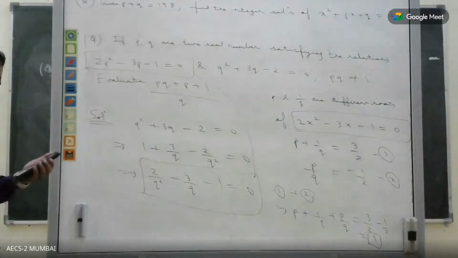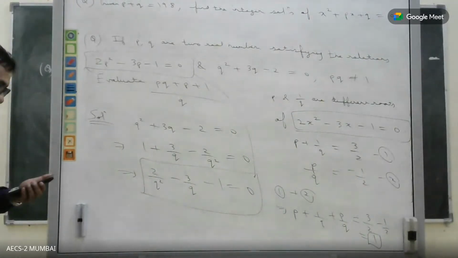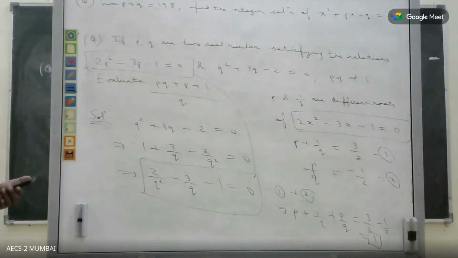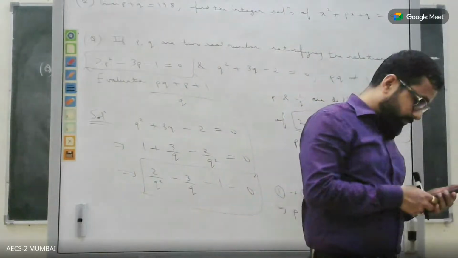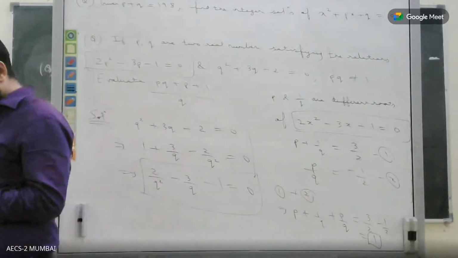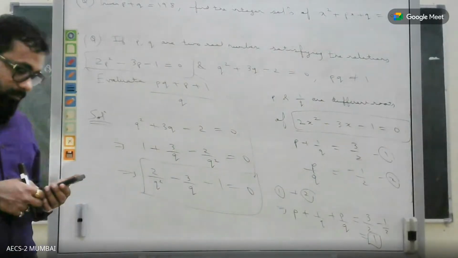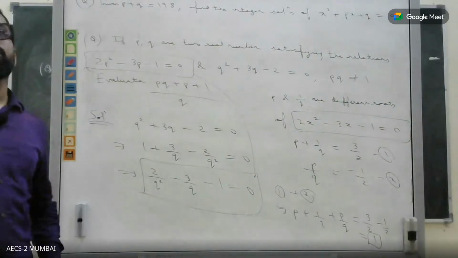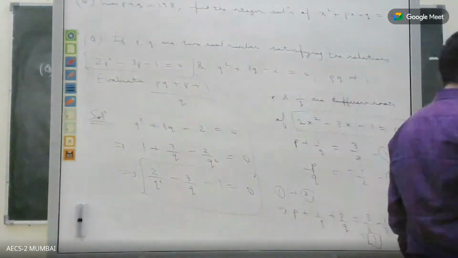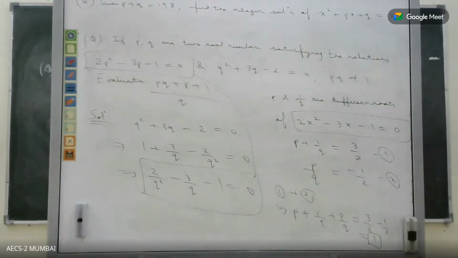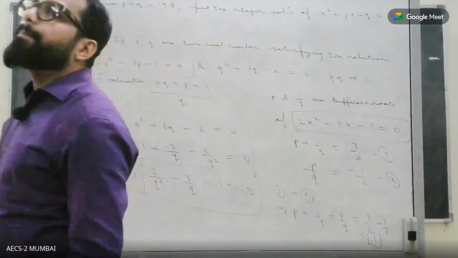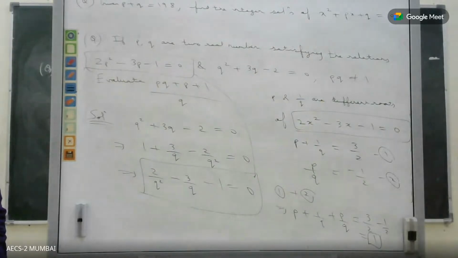Given p plus q is 198, find the integer solutions of x square plus px plus q equals 0. इंटीजर मतलब the roots must both be integers ना, right?